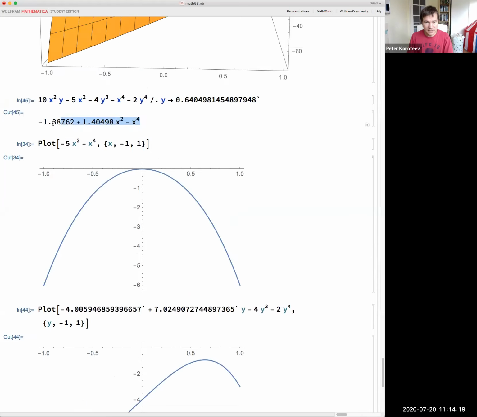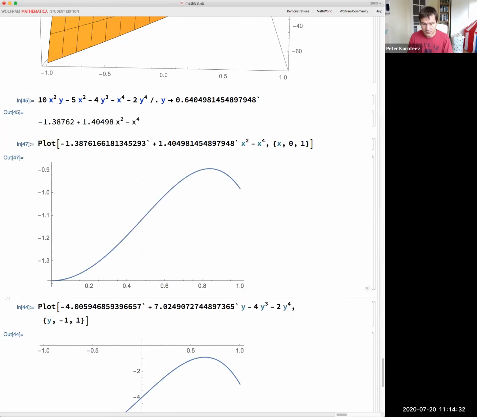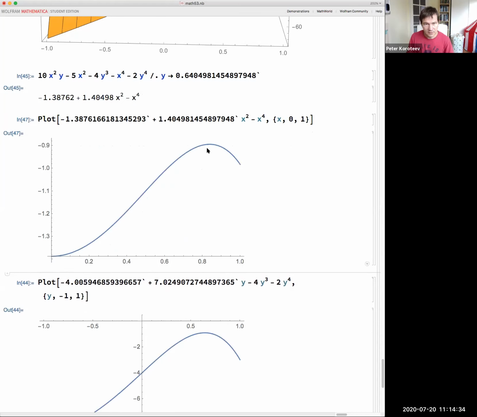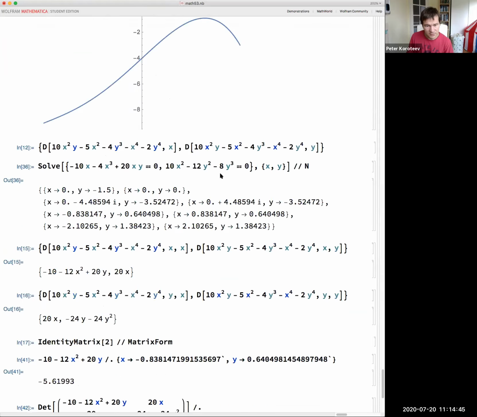To plot it like that, of course, here there's a maximum, and then in y we go 0.64, so it's somewhere here, and x is equal. So it's a maximum in both. Let's see why it is not working.